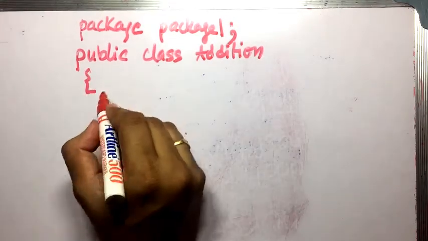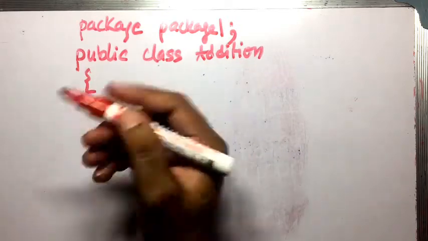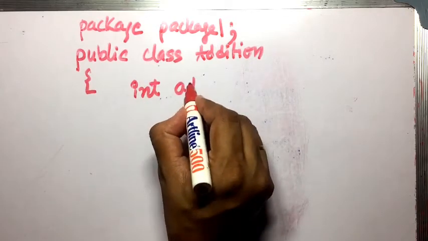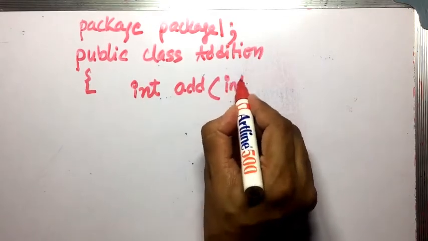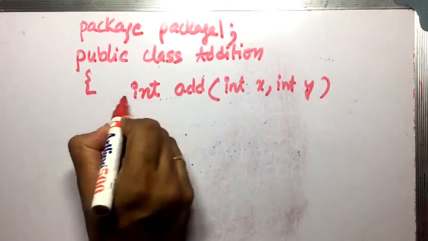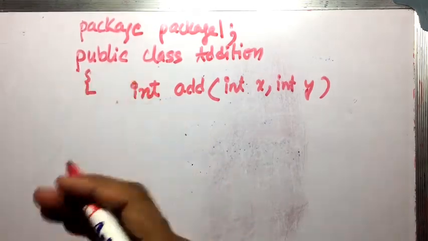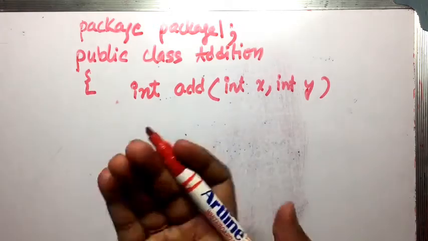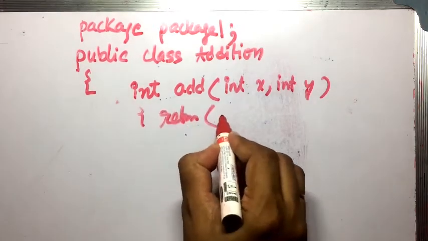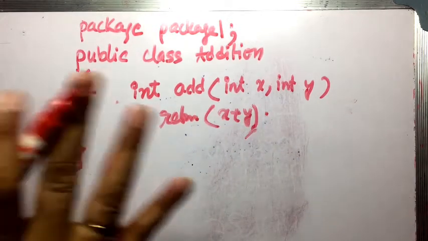Within the class there is a method that returns int, add, and it takes two parameters, int x, int y. There is no access specifier here, that is default. এখানে কোনো access specifier আমরা দিচ্ছি না. So this is default, meaning access within the package only, and it will return x plus y. So this is a simple package.